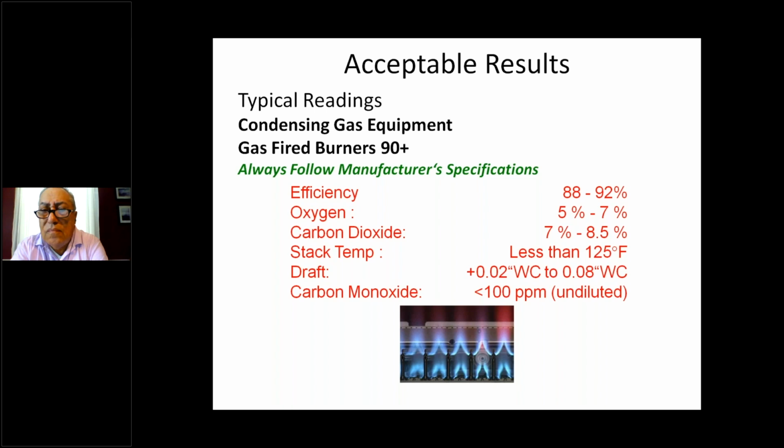from Edwin Gomez, and he says, "Sorry to ask a rookie question, but what exactly is draft? Could you give a quick explanation on that?" Sure, Edwin. Draft is the movement of a column of air or gas. It's a measure of the movement of the flue gas going up the chimney.